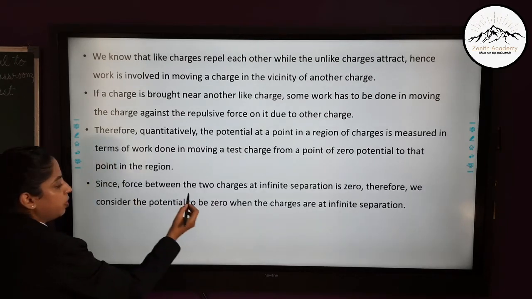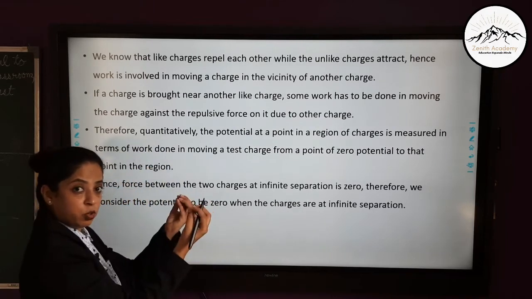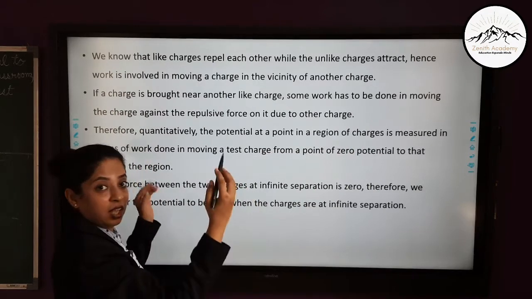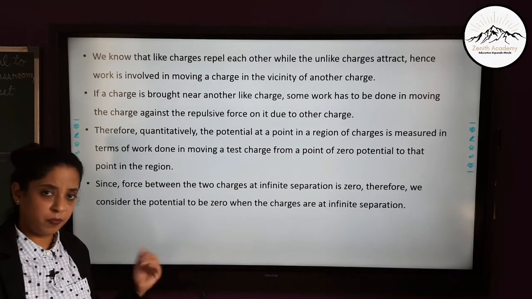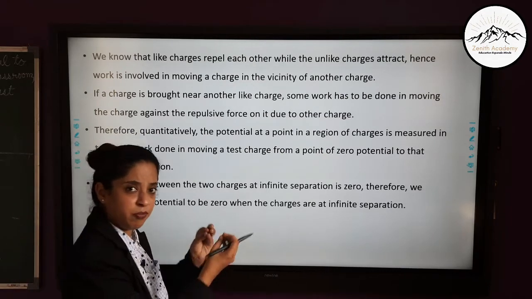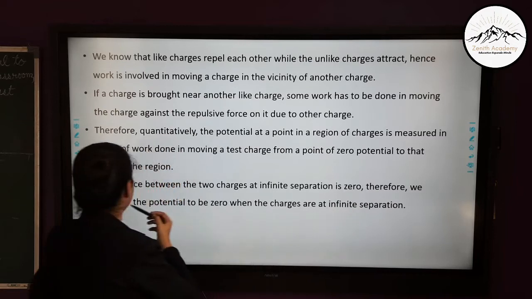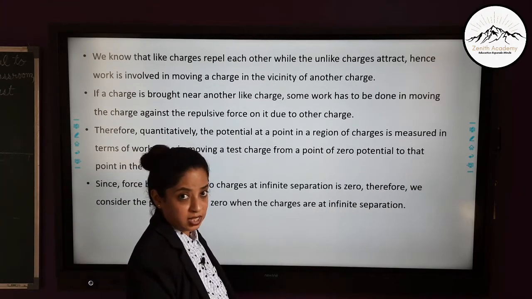Now, since the force between two charges at infinite separation is zero, suppose there are two charges at infinite separation, very far off from each other, then the force between these two charges is zero, right? There is very negligible force because they are separated at an infinite distance. Therefore, we consider the potential to be zero when the charges are at infinite separation.